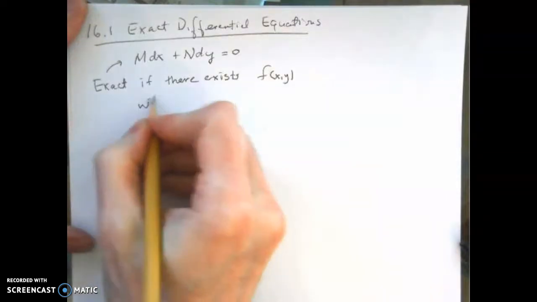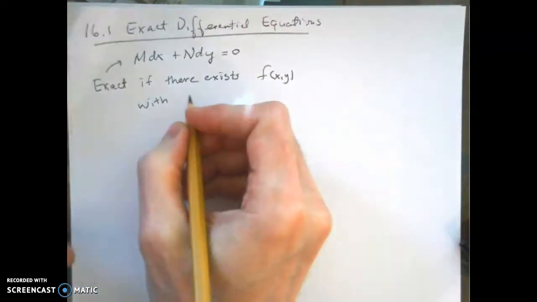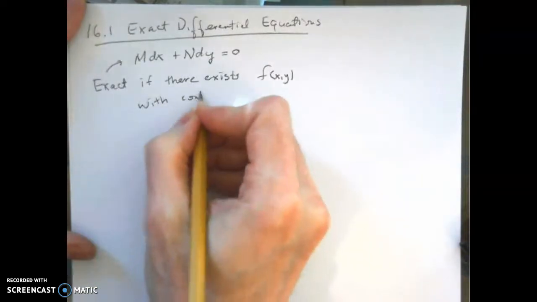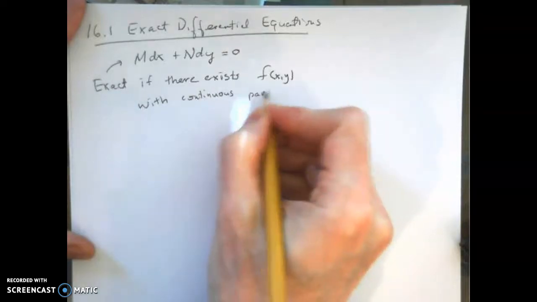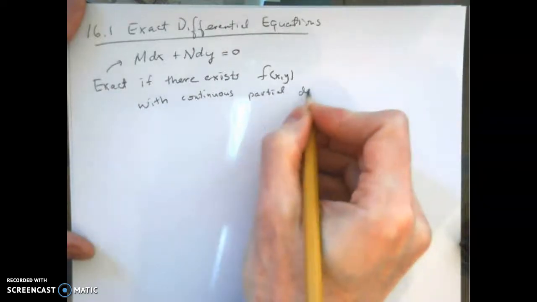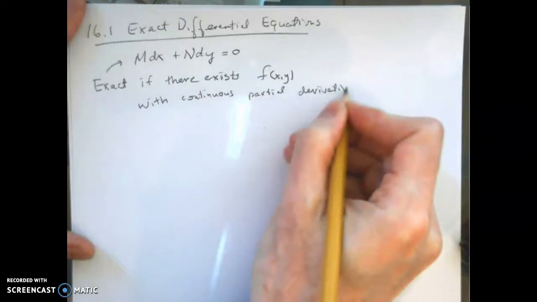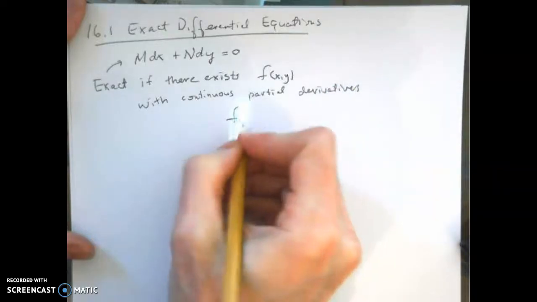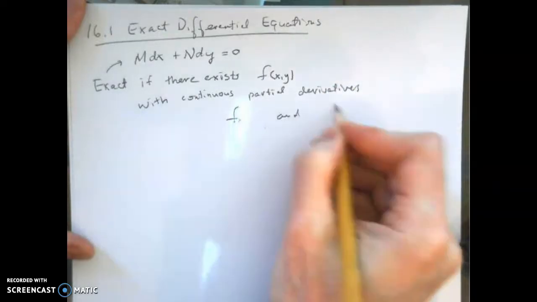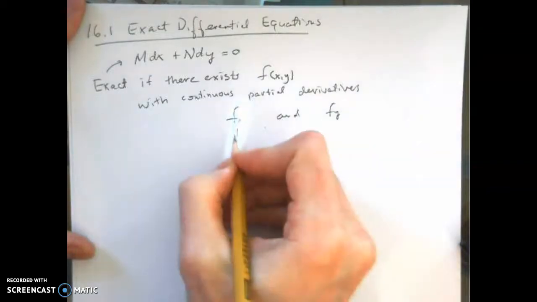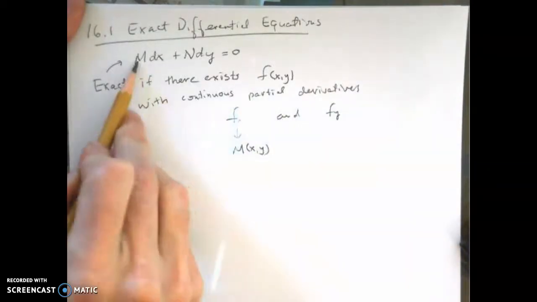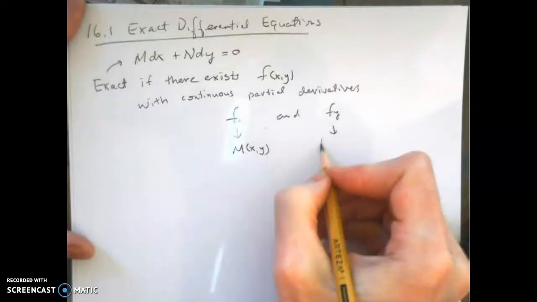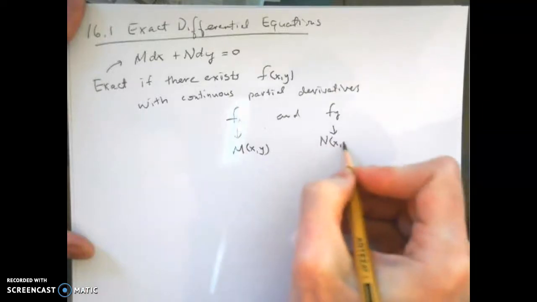So I'll say with, not constant, but continuous partial derivatives fx and fy, where fx is your M, which is a function of x, y from up here, and your fy is N of x, y.